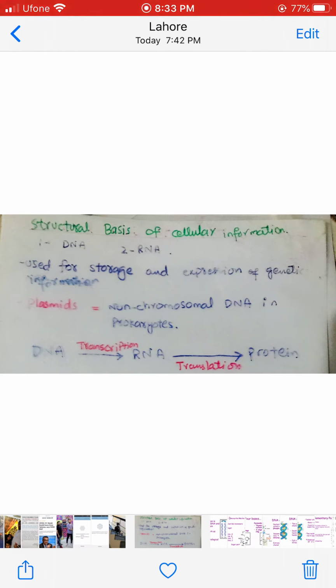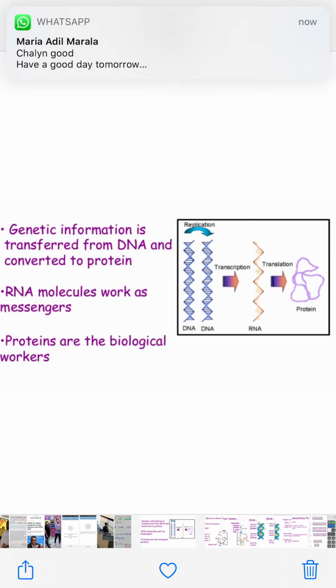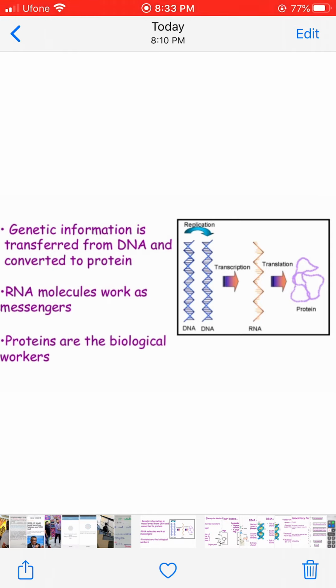And what about the RNA? Firstly, the RNA is used as a molecule which transfers the genetic information. And secondly, some viruses contain RNA as a structural basis of cellular information. So genetic information is transferred from DNA and finally converted into proteins, which is the central dogma of molecular biology, called transcription and translation.